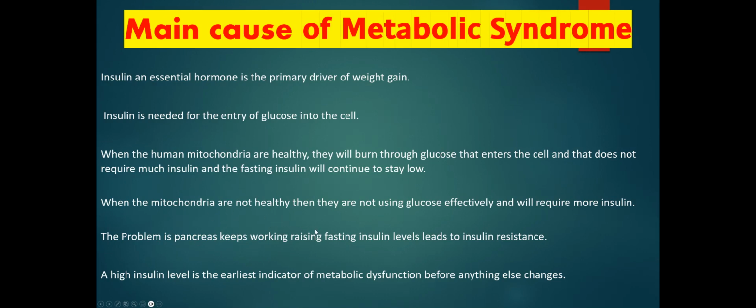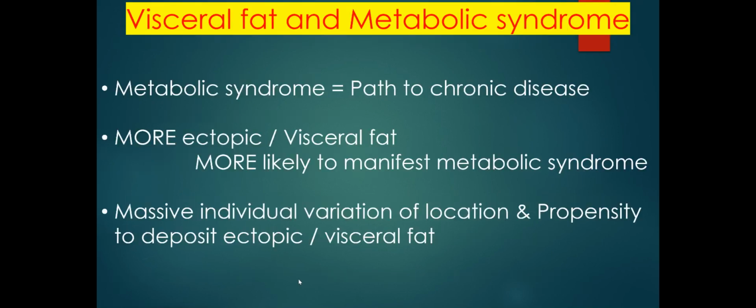Because the mitochondria are not functioning well, the insulin levels continue to increase, and a higher insulin level is one of the first indicators of metabolic dysfunction, almost 10 years ahead of the diagnosis of chronic diseases like diabetes. The main path to metabolic syndrome is visceral fat, and that leads to multiple chronic diseases, which we'll discuss.